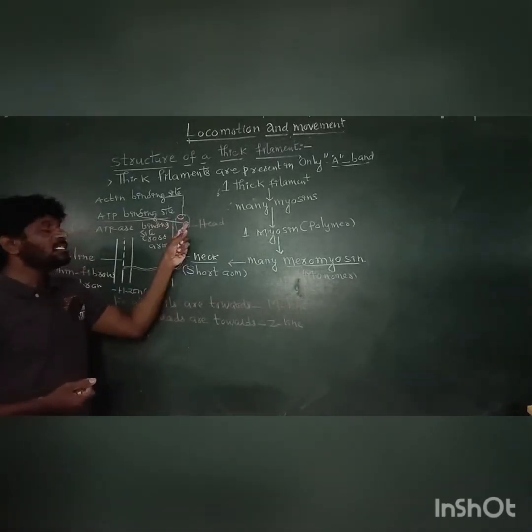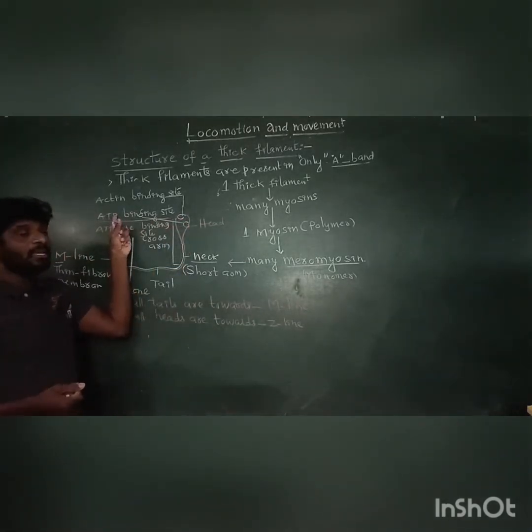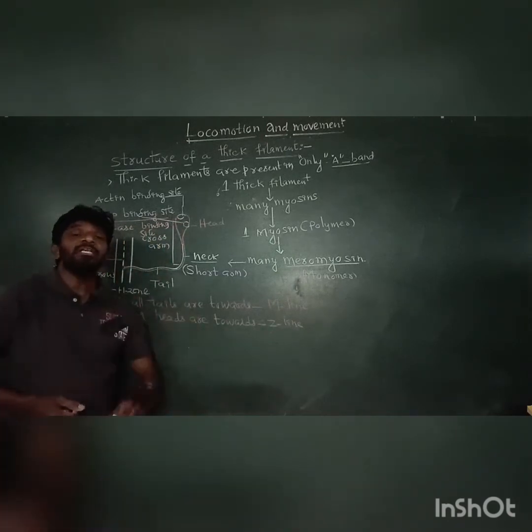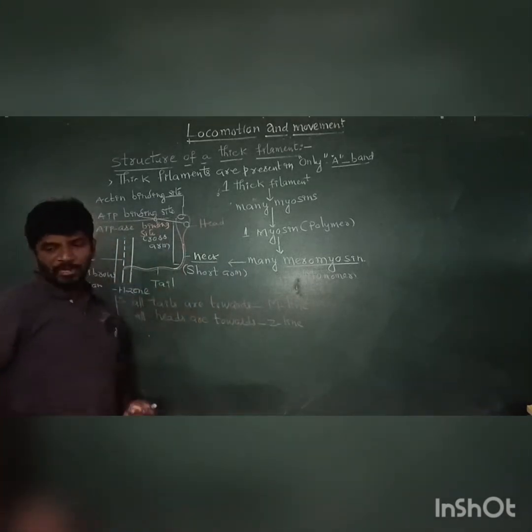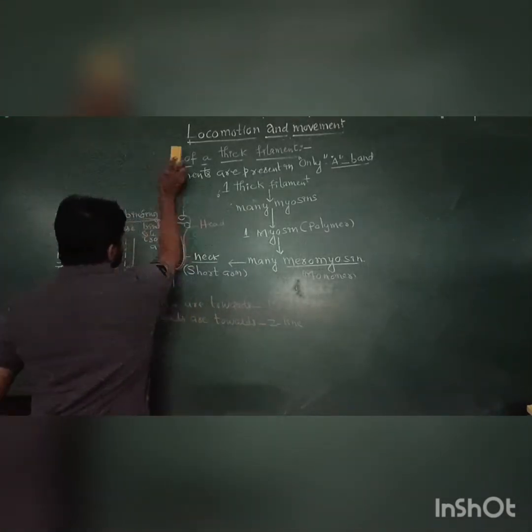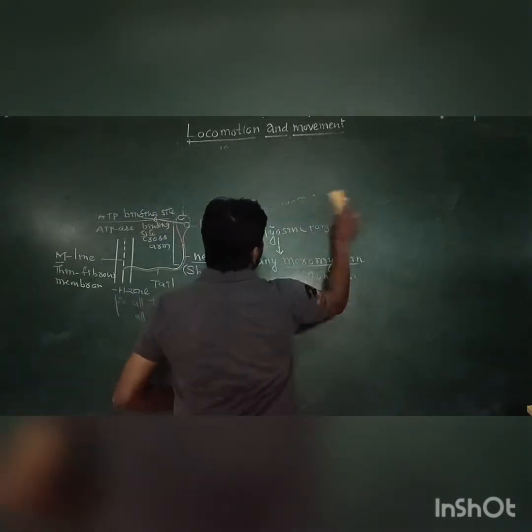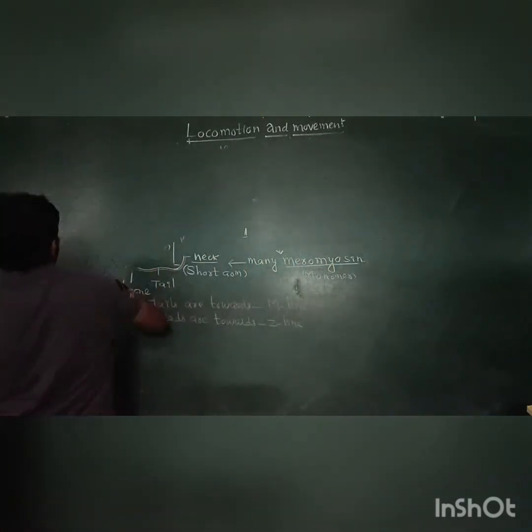This goes to a muscle fiber, and one more, and one more. A motor neuron innervates a set of muscle fibers, and that is called the motor unit.